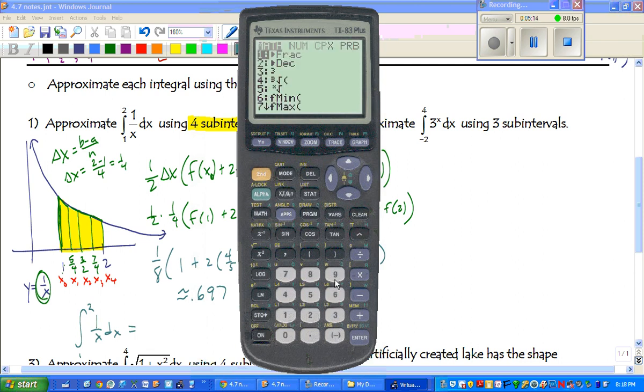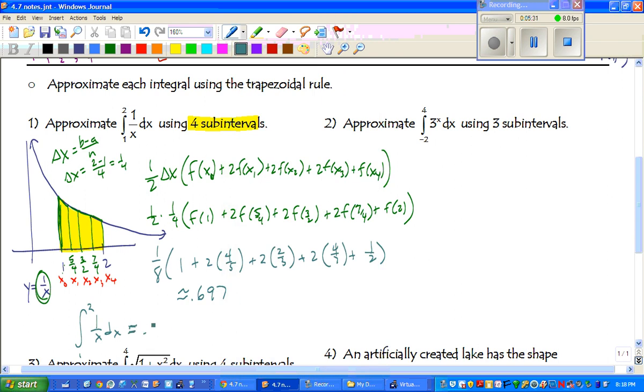We can do math 9, and our function is 1 over x, comma x, comma 1, comma 2. And we get about 0.693. Only 4 thousandths away in our approximation, so that's a pretty good approximation using that trapezoidal rule.